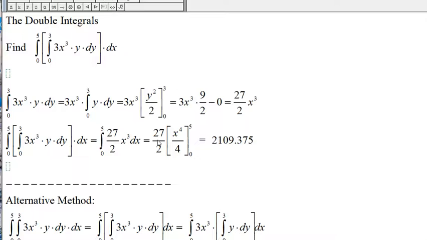And so we have 27 halves. The antiderivative for x to the third is x to the fourth divided by 4, and then evaluating from 0 to 5.